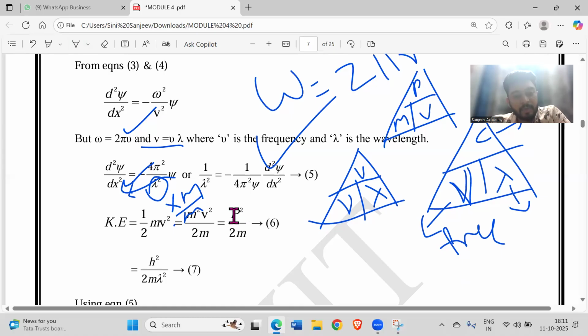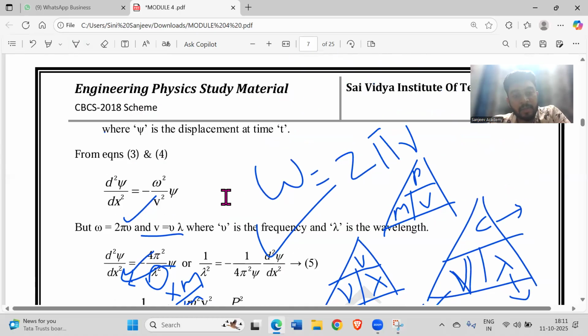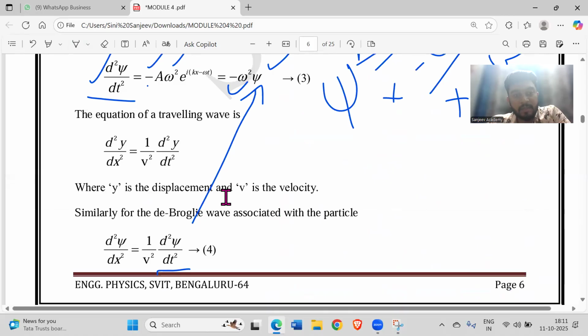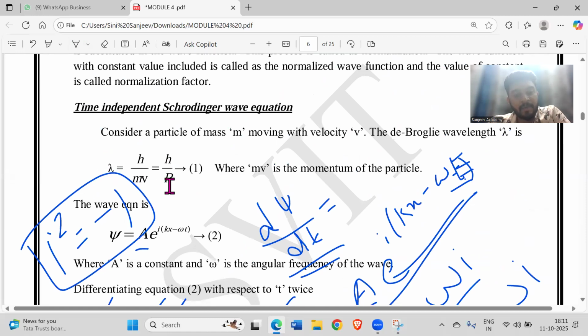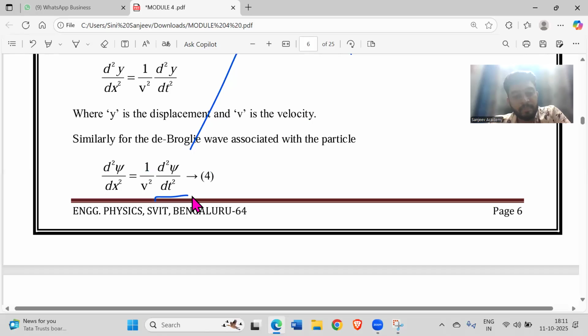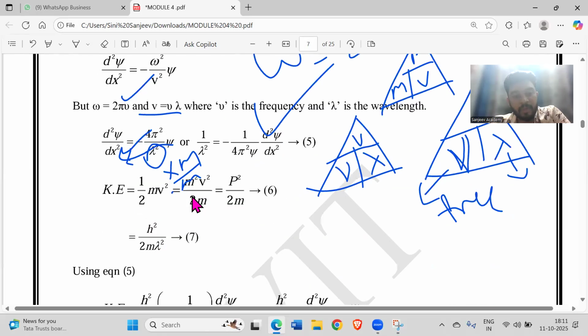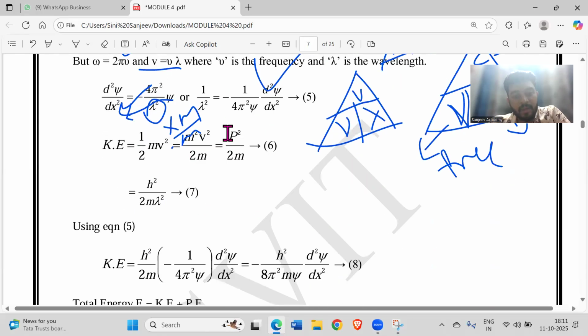Now, coming back to the first one here. H by P, H by mv and everything is there, no? So what is P? H by lambda I can put. Instead of P, what I'll put? H by lambda.